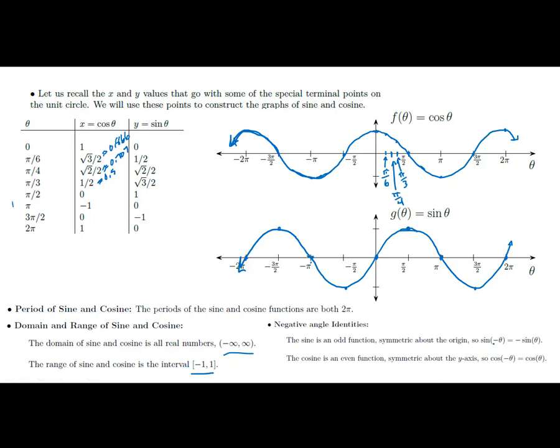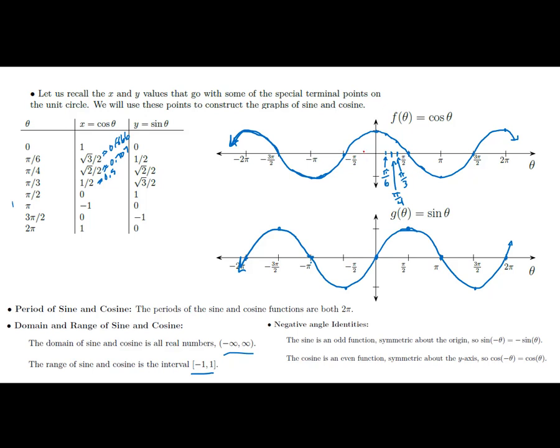And then the other thing I want you to notice is this business of symmetry. Symmetry is something that you probably studied at one point in a previous pre-calculus class. And that is, if I plug in a negative value for my input, what does that do to the y value? Let's start with cosine.